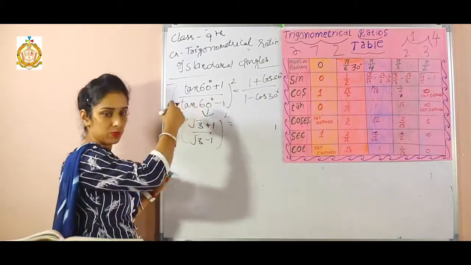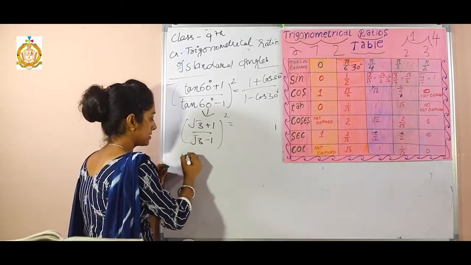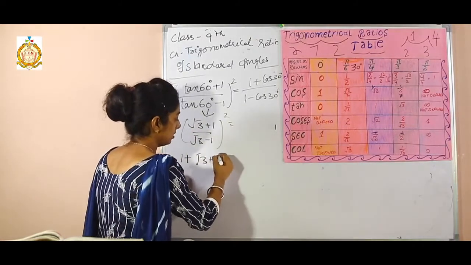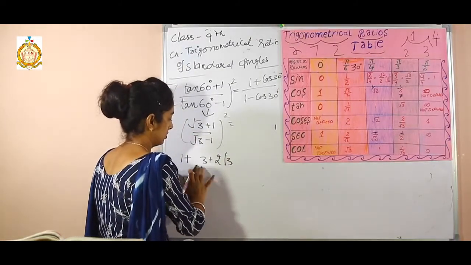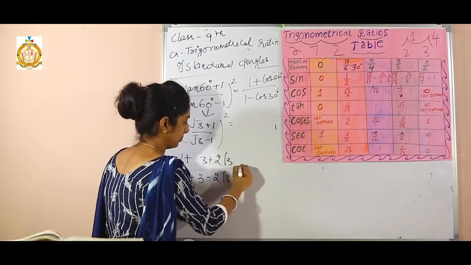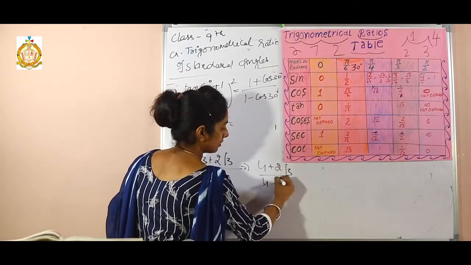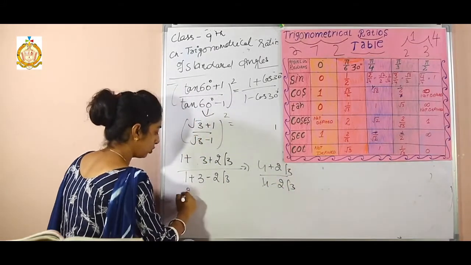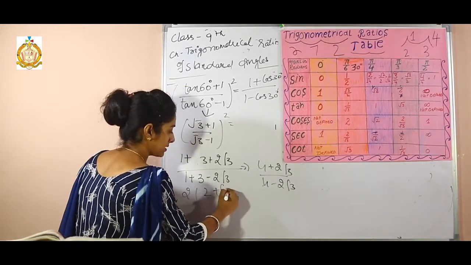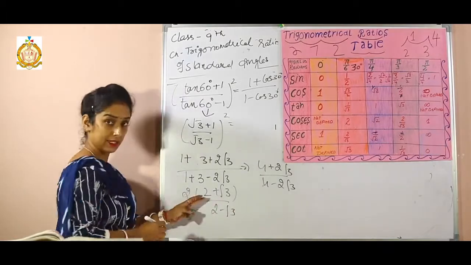Now there is (a plus b) whole square and (a minus b) whole square. That is a square plus b square plus 2ab, and a square plus b square minus 2ab, which is 4 plus 2 under root 3 over 4 minus 2 under root 3. Take 2 common: 2 plus under root 3 over 2 minus under root 3. We get this.